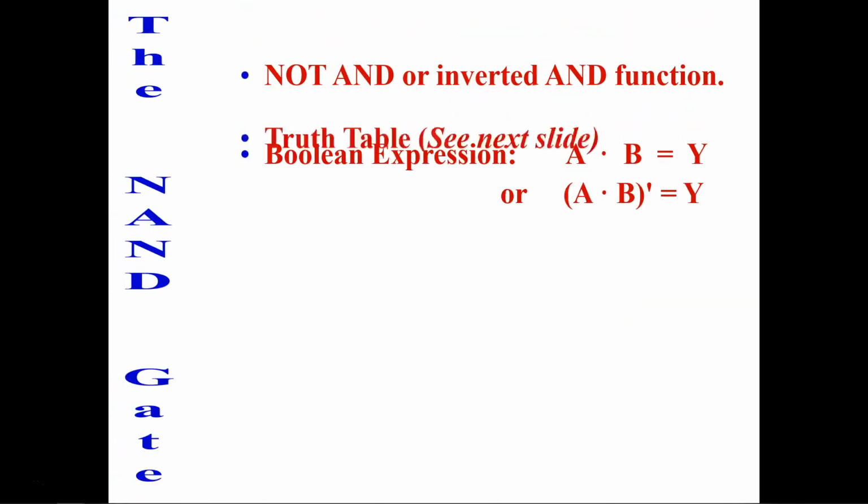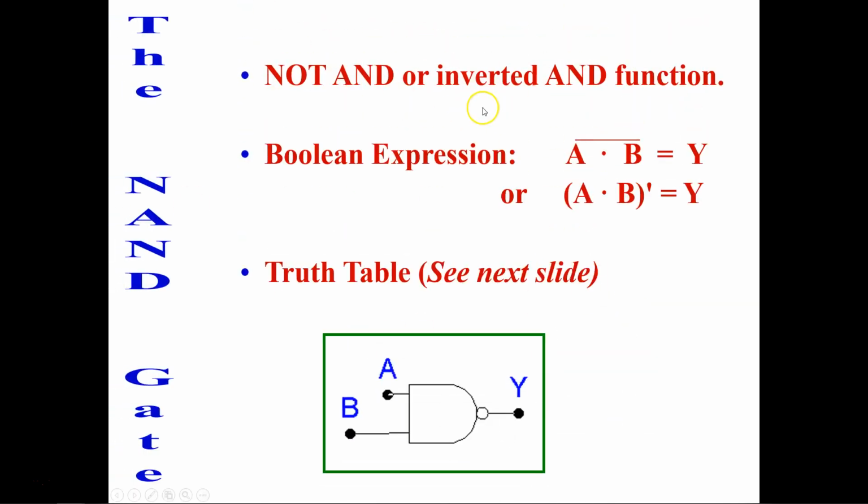Now next is the NAND gate, and this NAND gate is basically derived from the NOT and the AND gate, or inverted AND function.